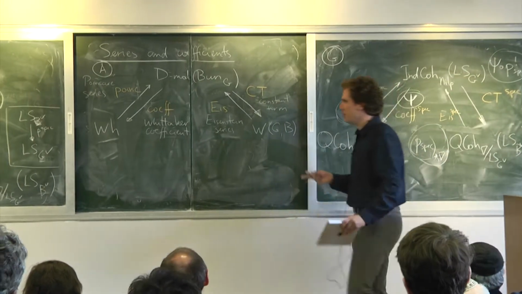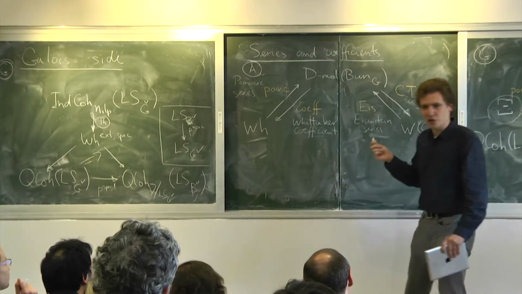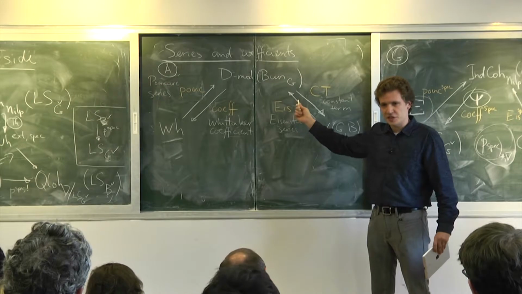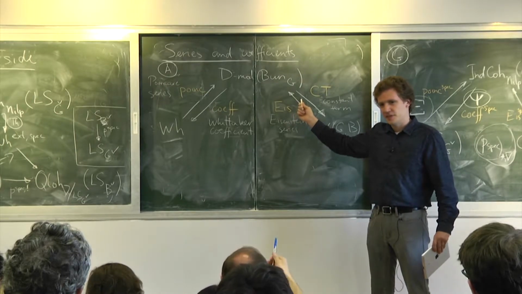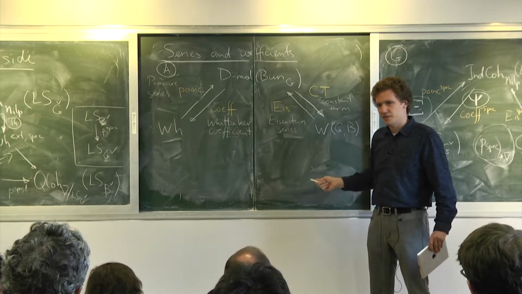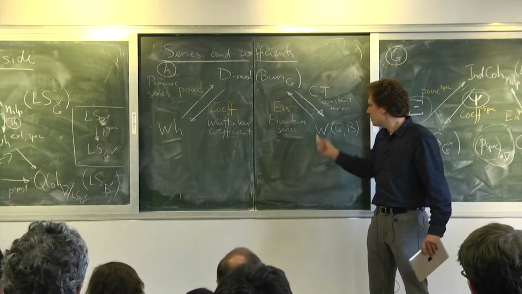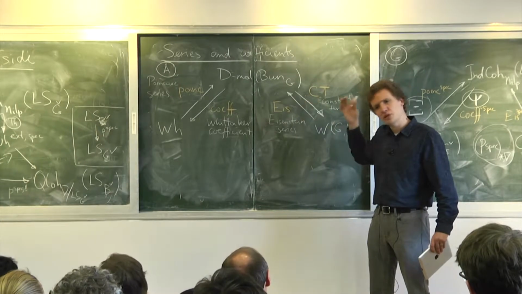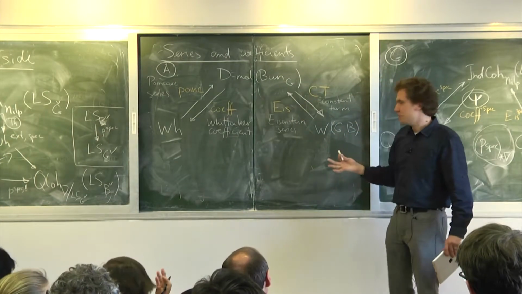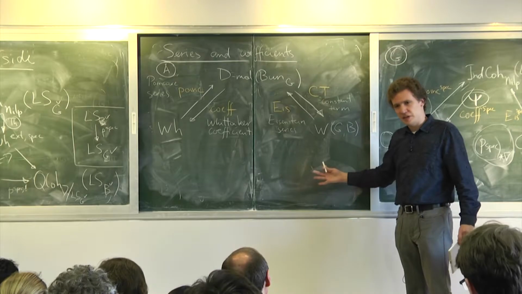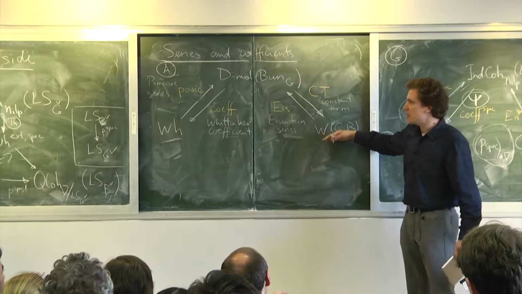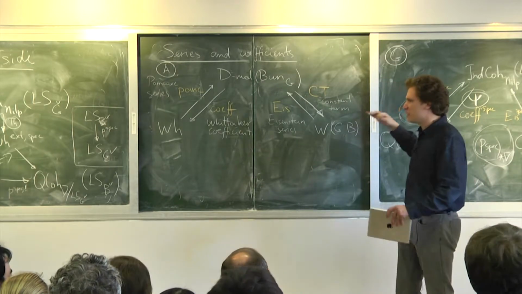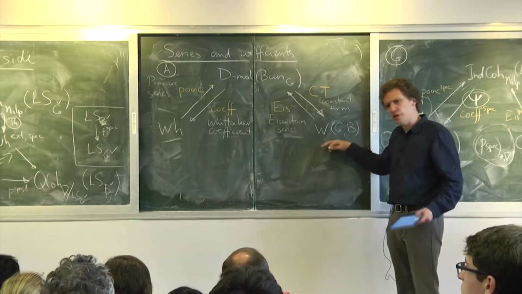I don't remember if you were here in the morning. There was this discussion of why this even deserves the name of Eisenstein series. Well, this is the left adjoint, so this is the lower-shriek Eisenstein series, and this is not your usual Eisenstein. The usual Eisenstein series starts at Bun T. This starts at some other category, which is somehow cooked up. It's Bun T with some changed gluing.